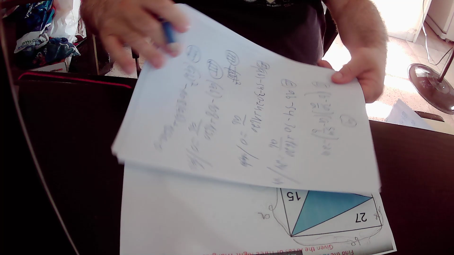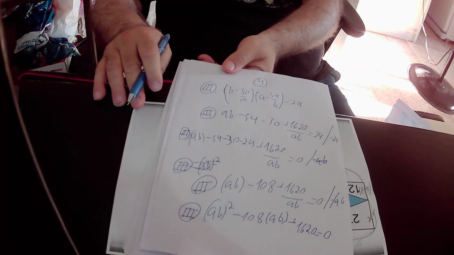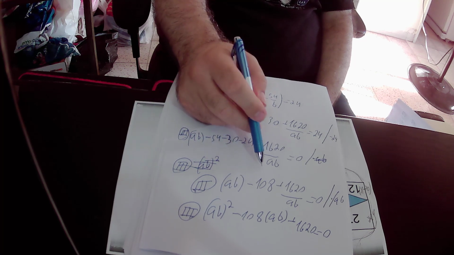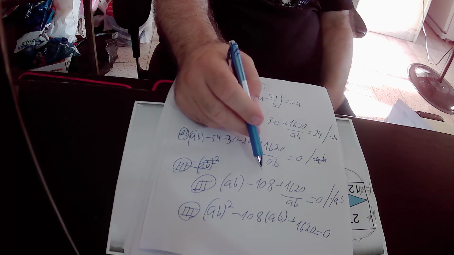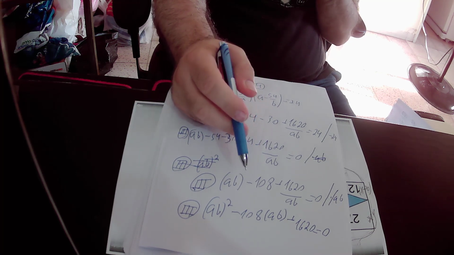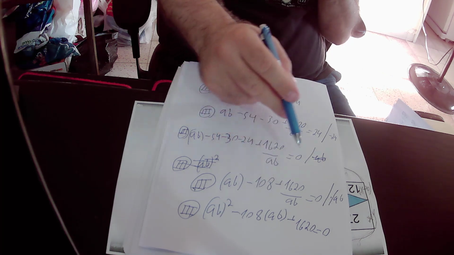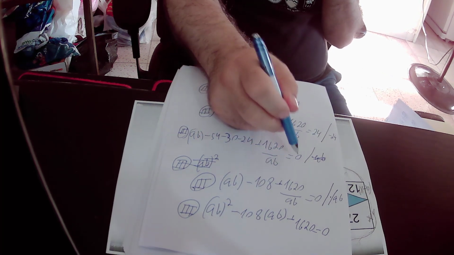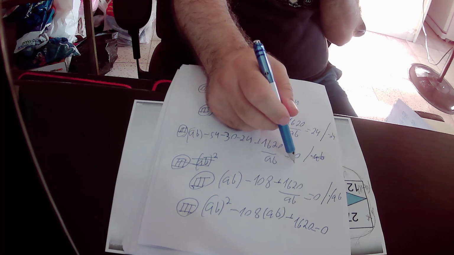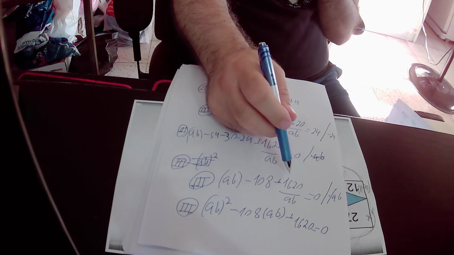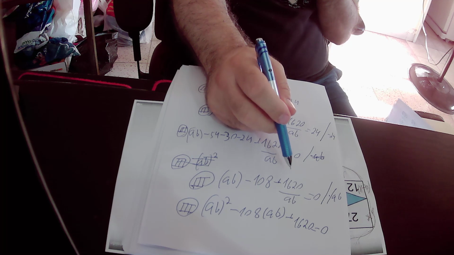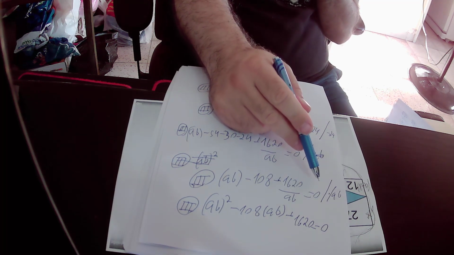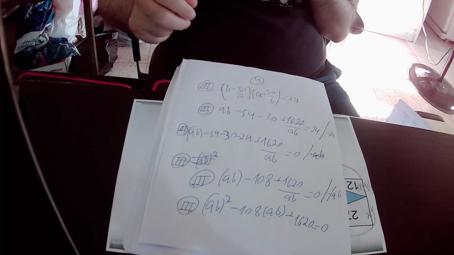Okay, I will repeat again. AB times AB is AB squared. Negative 108 times AB is negative 108 AB, and 1620 divided by AB times AB equals plus 1620, and 0 times AB equals 0.